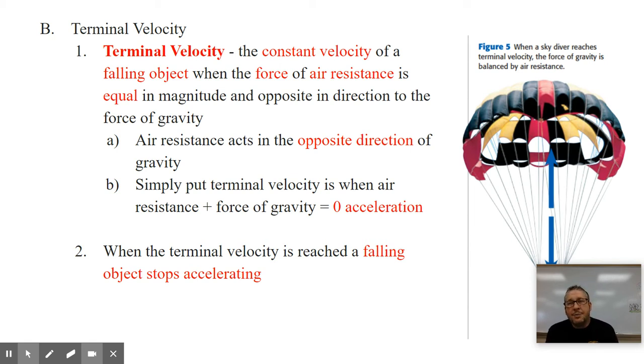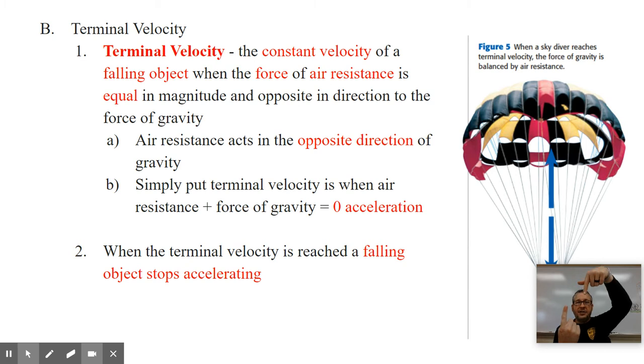But when we have objects falling, we get what's called terminal velocity. This is basically the constant velocity of a falling object when the force of air resistance is equal in magnitude yet opposite in direction to the force of gravity. As that object is falling, the air resistance is working in the opposite direction.